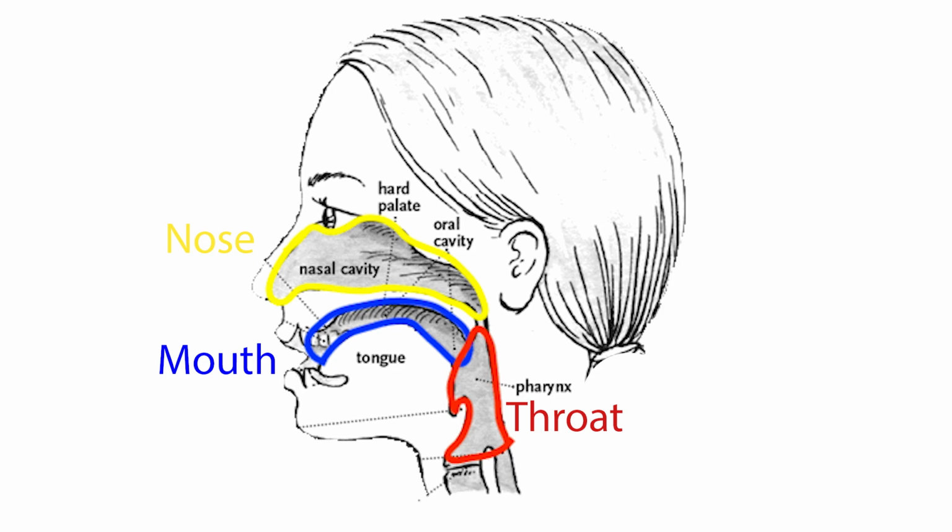As you change the shape and size of those areas, the throat, mouth, and nose, either by tensing the muscles and making those areas smaller, or by relaxing the muscles and making those areas bigger, you change the overall quality and placement of the voice.